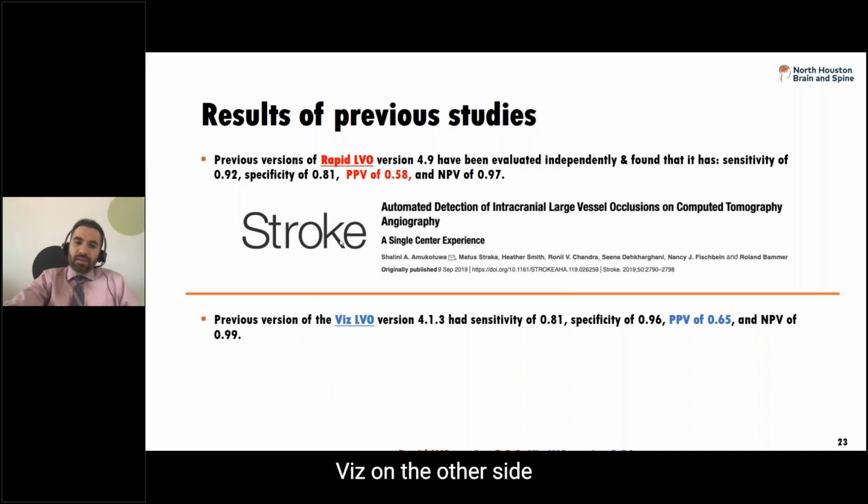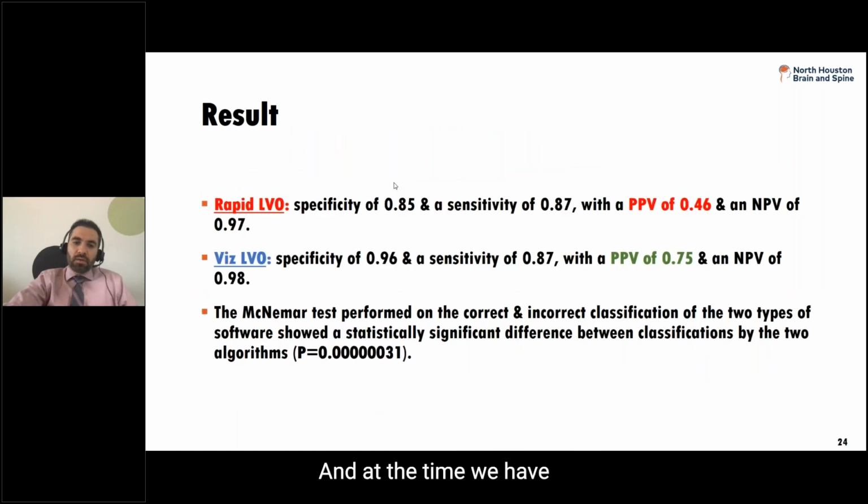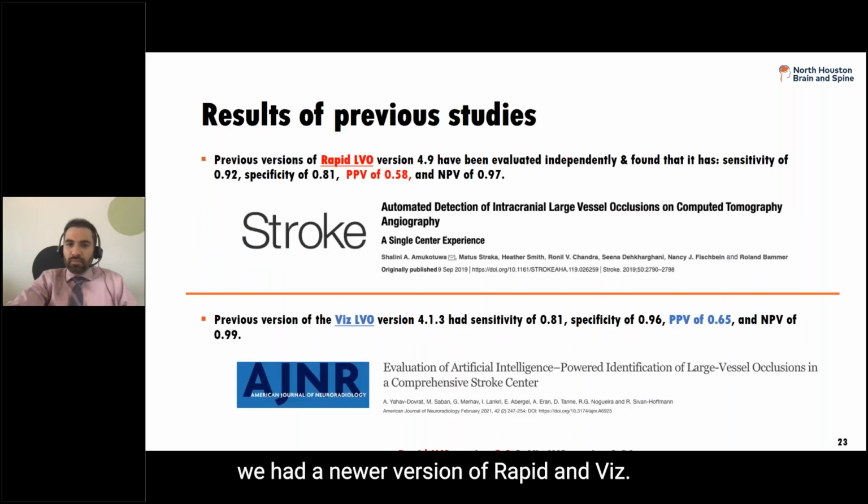Viz, on the other side, has also been studied in the past, and it also demonstrated high sensitivity, high specificity, high negative predictive value. However, it has a positive predictive value of 0.65 when compared to Rapid. And at the time we performed our study, we had newer versions of Rapid and Viz.